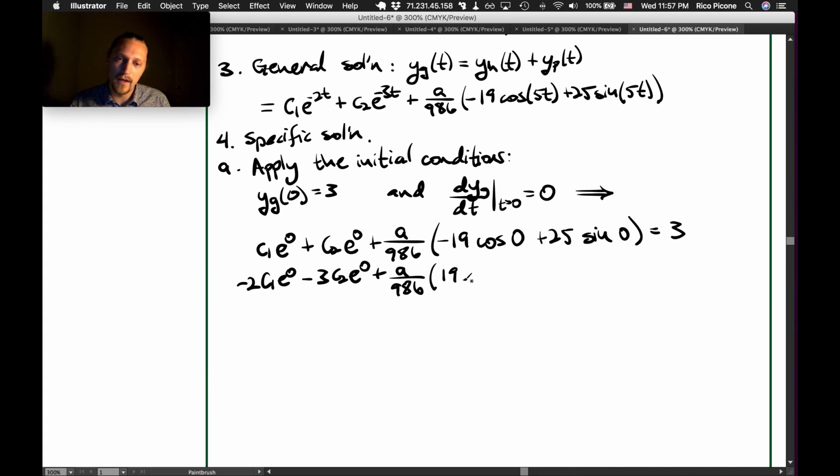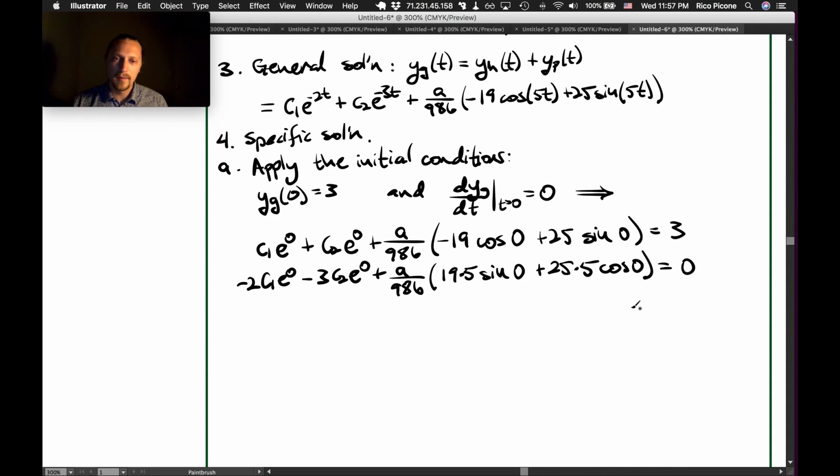So the 5 comes out, so times 5 times sine of 0, plus the derivative of sine is cosine, so we're going to get the 25 still times 5 times cosine of 0. That one has to be equal to 0.